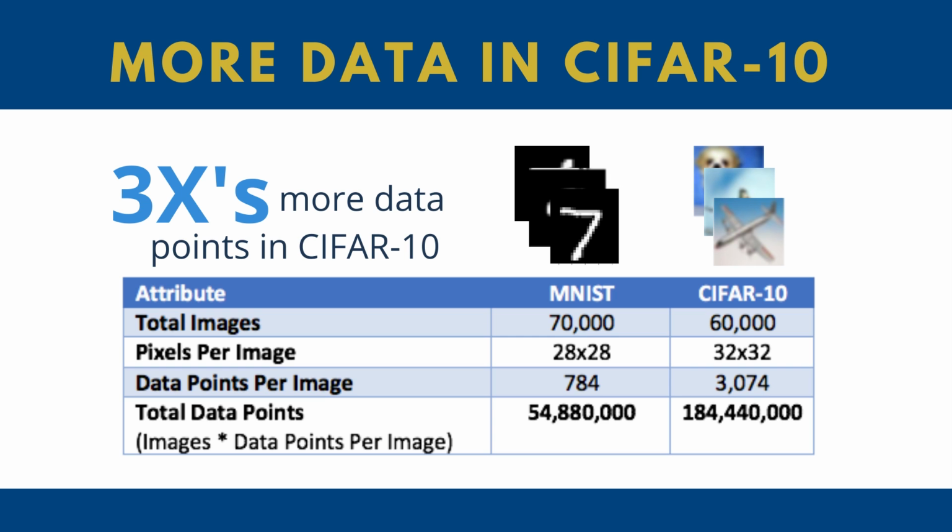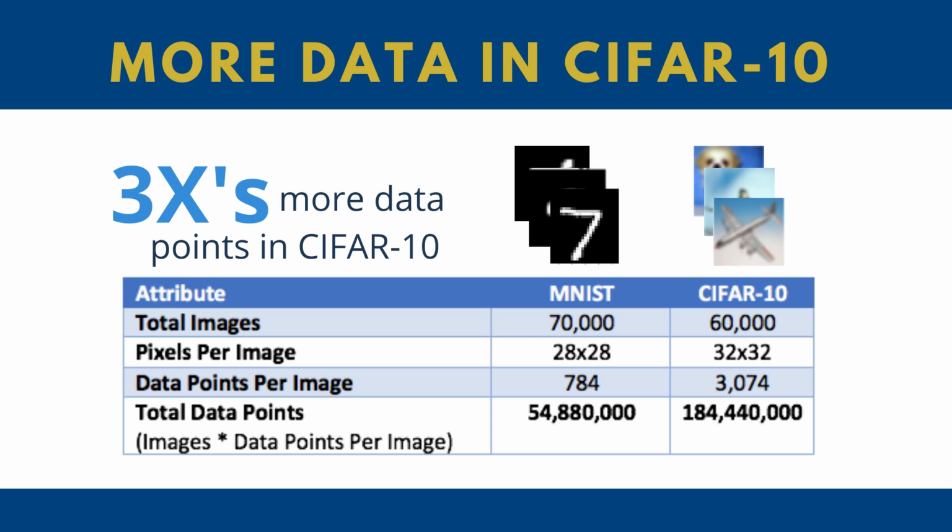So when you then take that next step and say, okay, if there are 784 data points within each image and there are 70,000 images, then you've got almost 55 million data points within the MNIST dataset. And that's rather large. But it gets worse actually when you look at the CIFAR-10 dataset and see the 60,000 images have 3,000 data points within them.